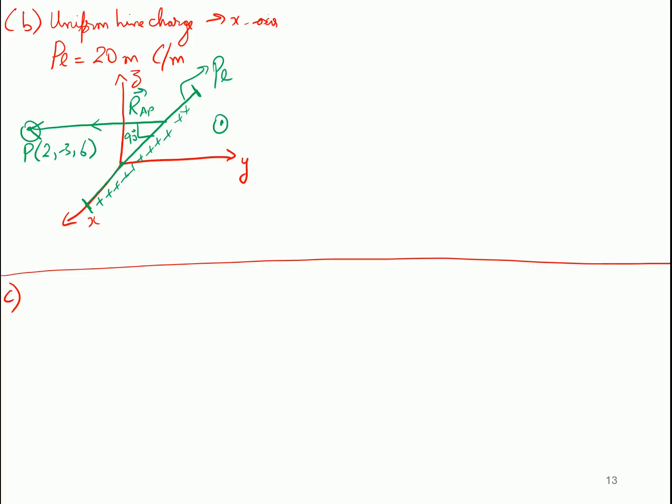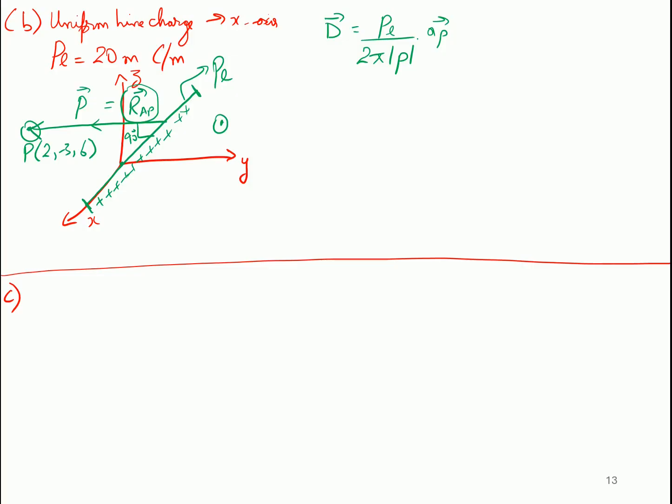Now we need to find the equation for the electric flux density. Electric flux density for the line charge distribution comes out to be rho of L divided by 2 pi absolute of rho and then the unit vector A of rho. This R of rho can be rho as well, because the radius and the values of rho are the same. So now we need to find rho.